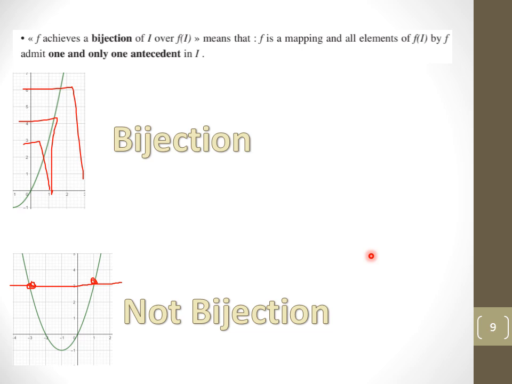While the second figure is not a bijection because, for example, for y equals 3, I will put a line, you can find 2 x, 2 antecedents. So this is not a bijection. In order to have a bijection, every y should admit only one x.